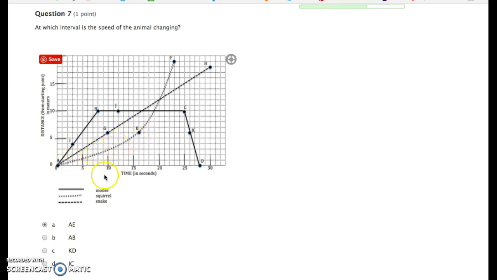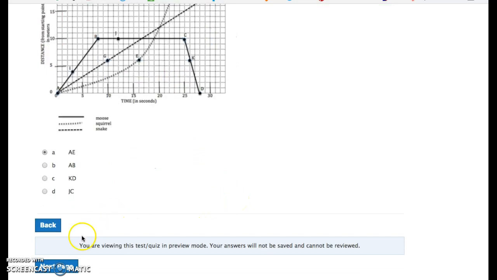In this case, AE is a curved line. Segment AB is a straight line, so that's constant speed. KD, again, is a straight line, so that's constant speed. And then JC is a horizontal line or a flat line, so that's showing the rest position. So again, the best choice would be AE.